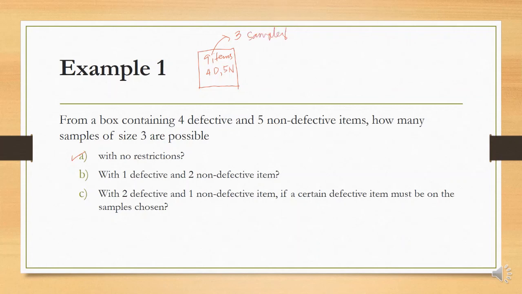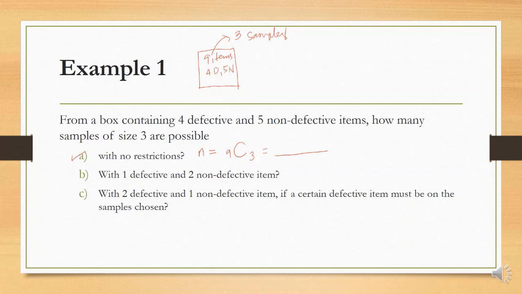Okay? Ayan. Kapag no restrictions, ang ating sagot lang dito ay yung total number of items, combine mo sila sa 3. Yan na yung solution. So, just get yung ating calculator and then use that. Or, you can use the formula.